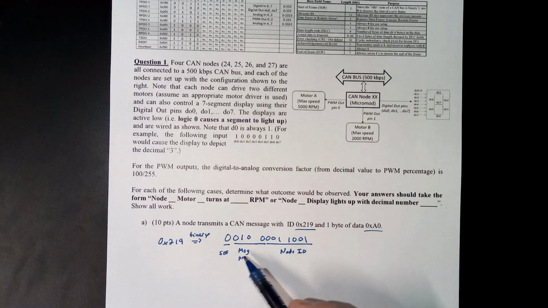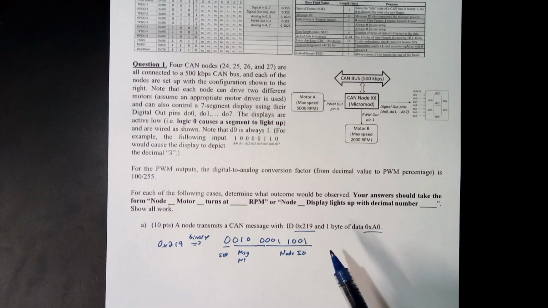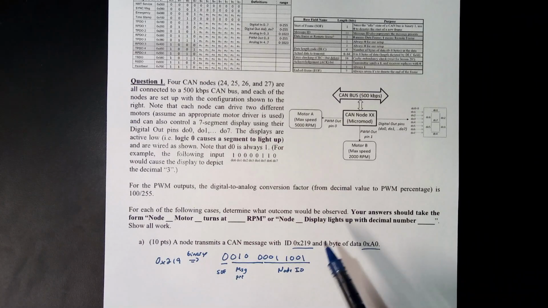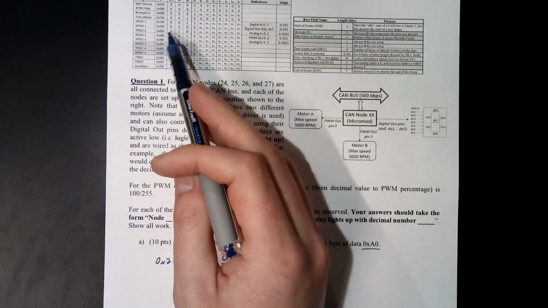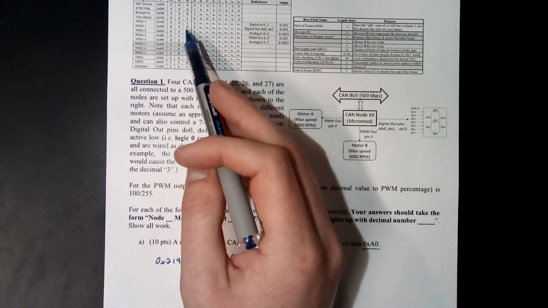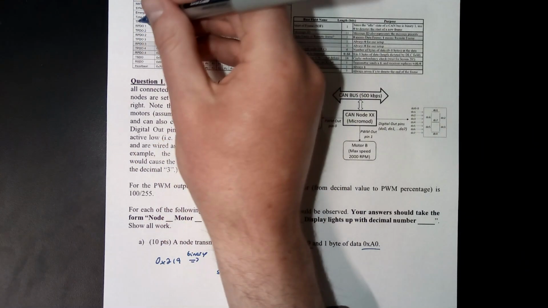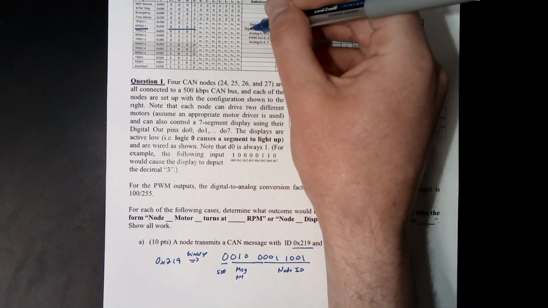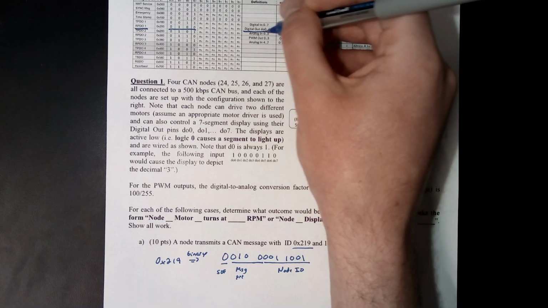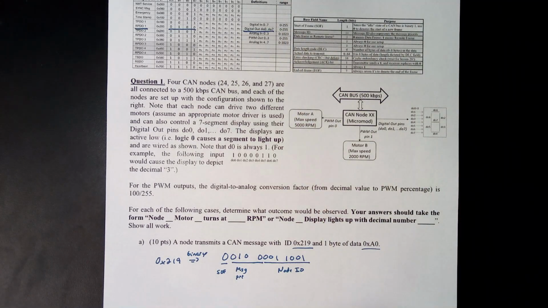We'll first look at the message prefix and check our table at the top of the page to see what 0100 leads to. That lines up with RPDO1, which is 0100, and that is digital out D0 to D7. So that's what our data is going to be.